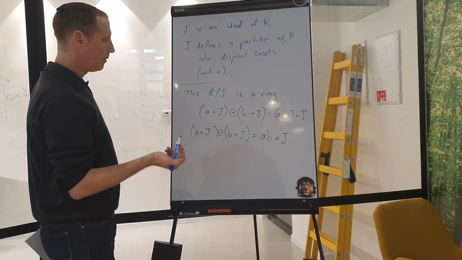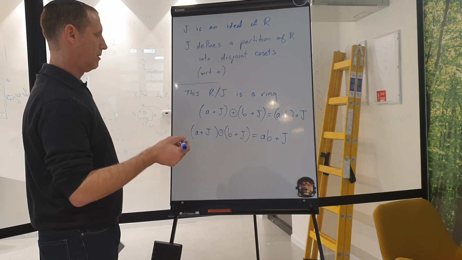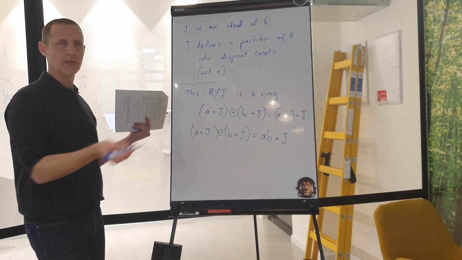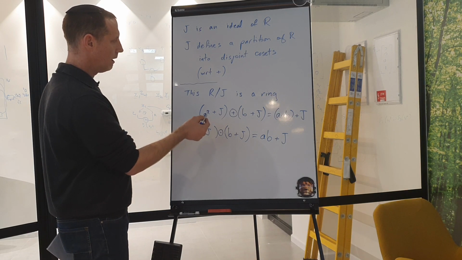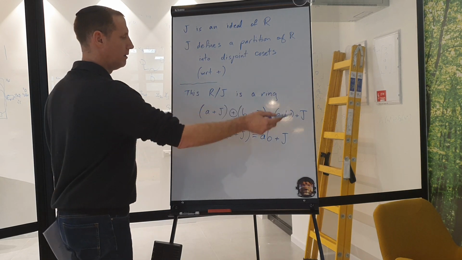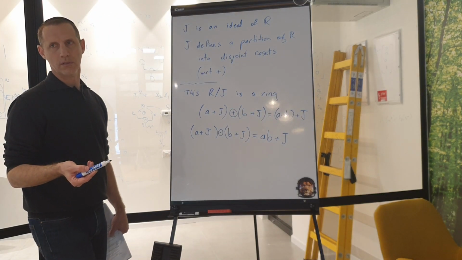So if I want to talk about what is the additive identity, say the additive identity in R is 0, what's the additive identity here? 0 plus J.